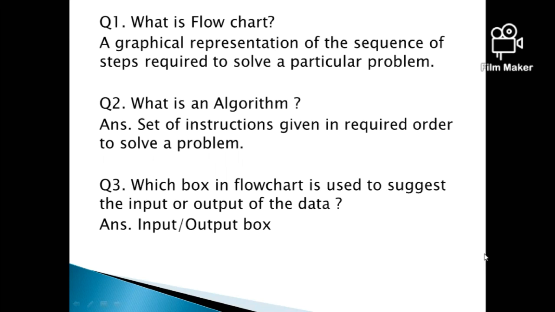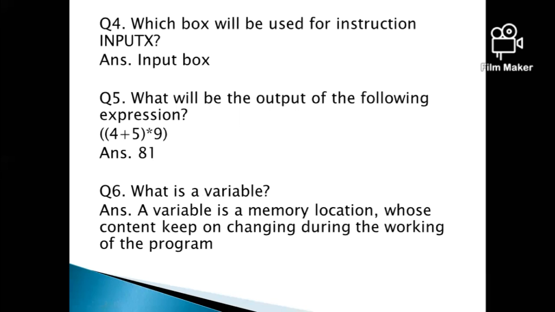A set of instructions given in the required order to solve a problem is known as an algorithm. Which box in a flowchart is used to show the input or output of data? That is the input output box. Next, which box will be used for the instruction input X? Input box.